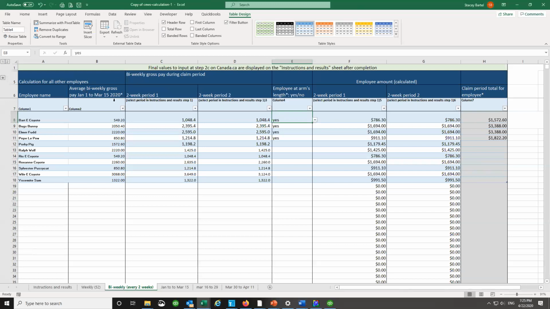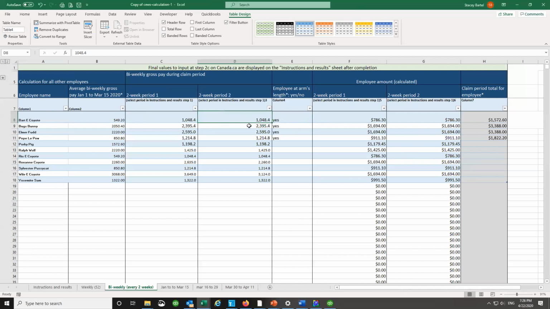This is where the average biweekly gross pay comes in. This deals strictly with arm's length, because Bart's pre-crisis salary averaged $549.20. That's the maximum that we can get from Bart. Now, if Bart was not, let me go back here, if Bart was an arm's length employee, then Bart would get paid 75% of what his wages were for each payroll period.